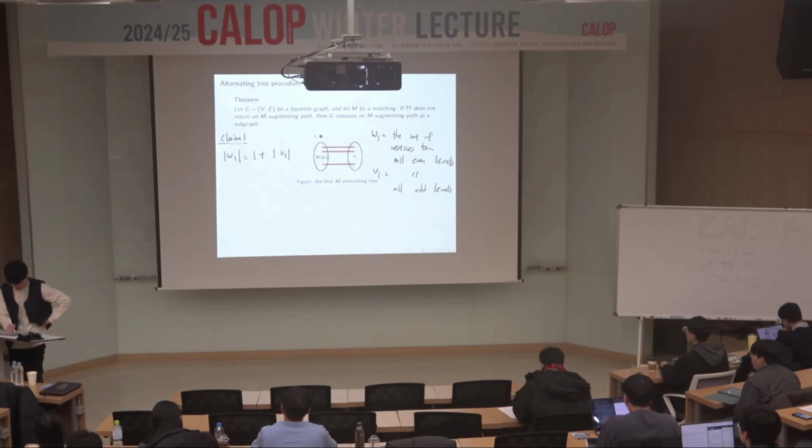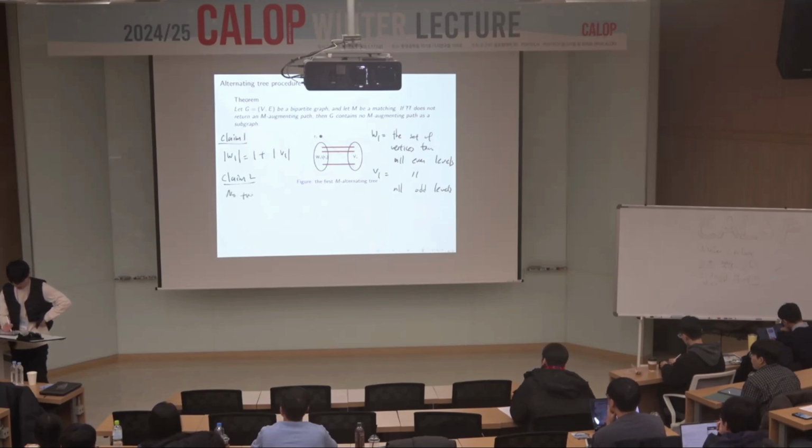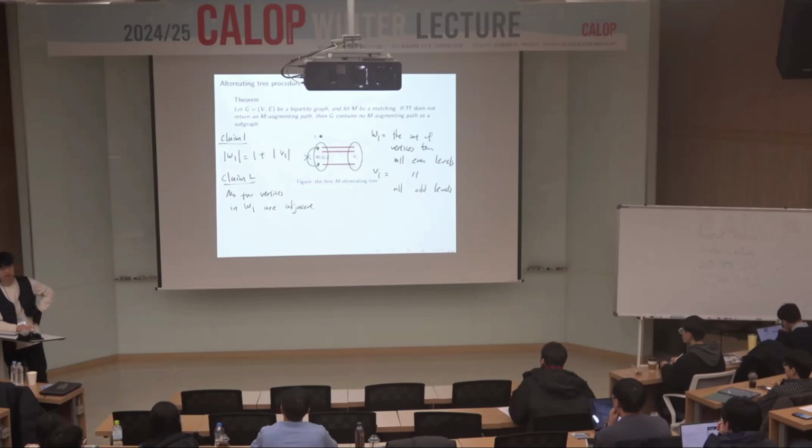And claim 2 is the following. No two vertices in W1 are adjacent. Which means that if you take two vertices from W1, they cannot be connected by an edge.